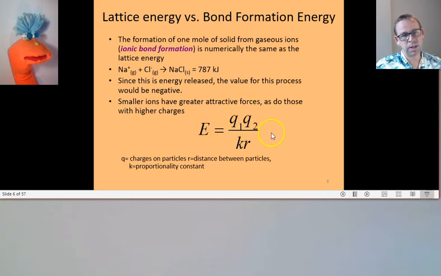Those go on top, divided by a constant and the distance between them, which is roughly determined by the ionic radius of the ions that form. Taking those two radii and adding them together would give you the distance between the ions. Those are the parameters that affect the lattice energy.